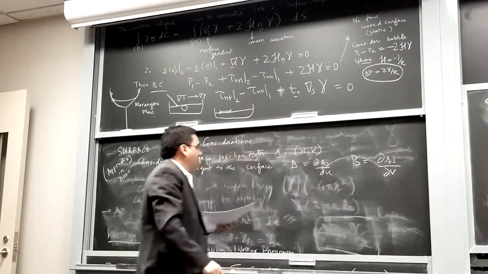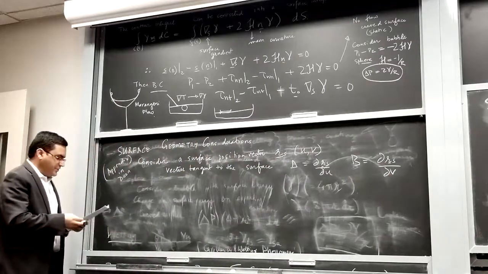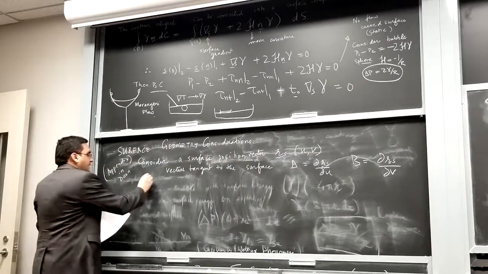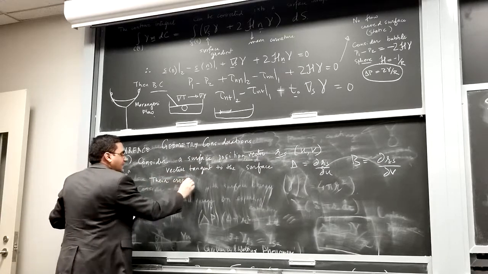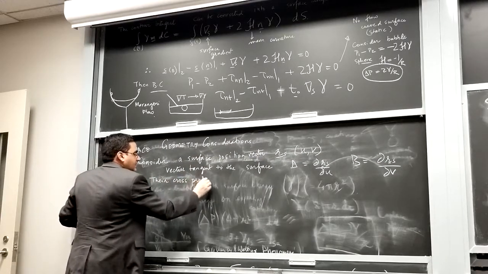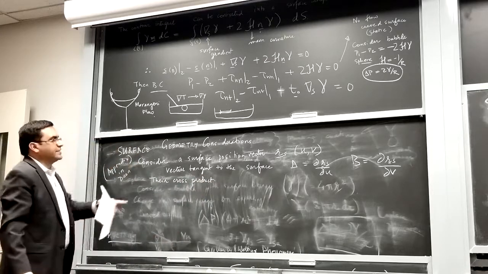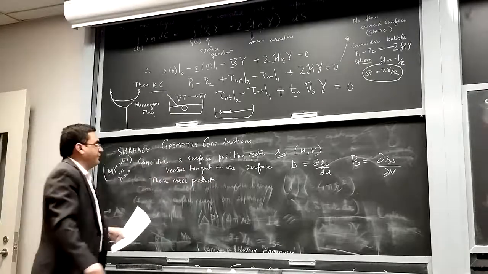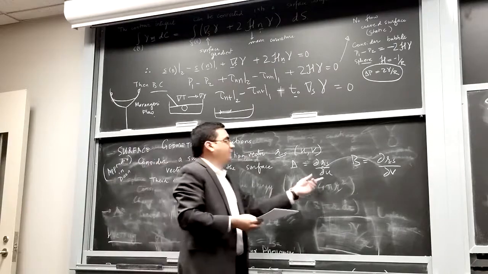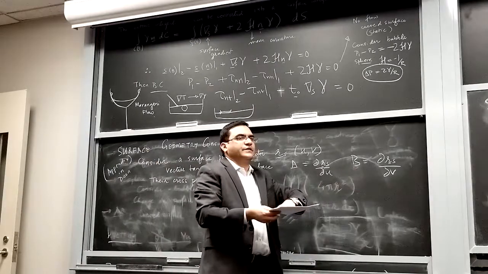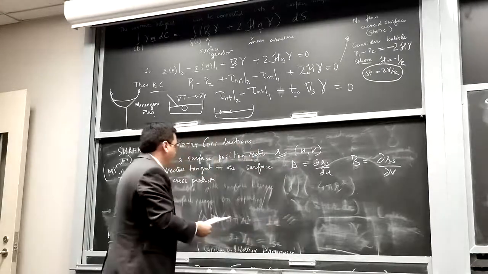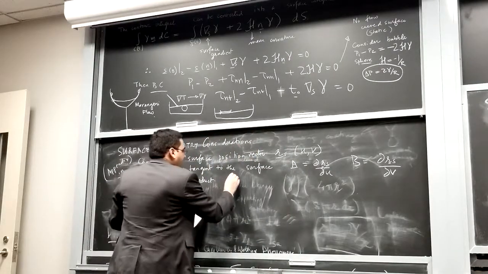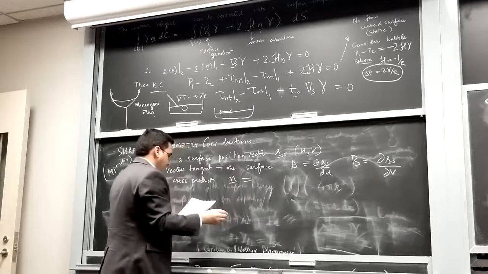Those are the two vectors tangent to the surface. We take the cross product of two vectors that lie on a surface. The cross product is going to point normal to the surface. And so this is how you define the surface normal.